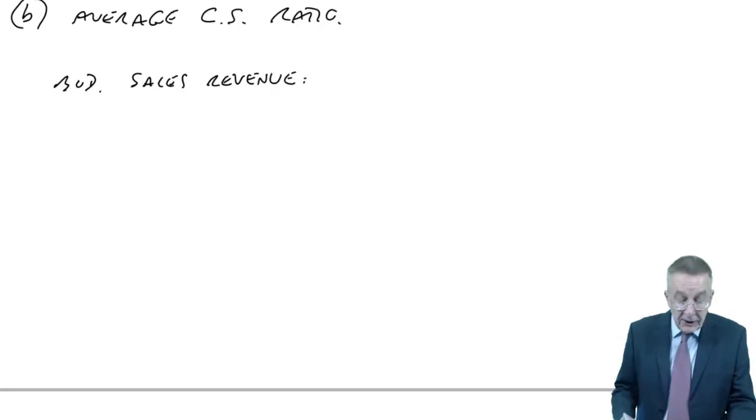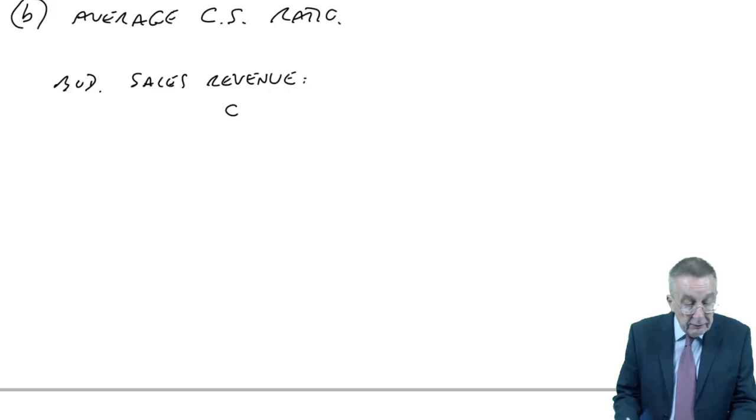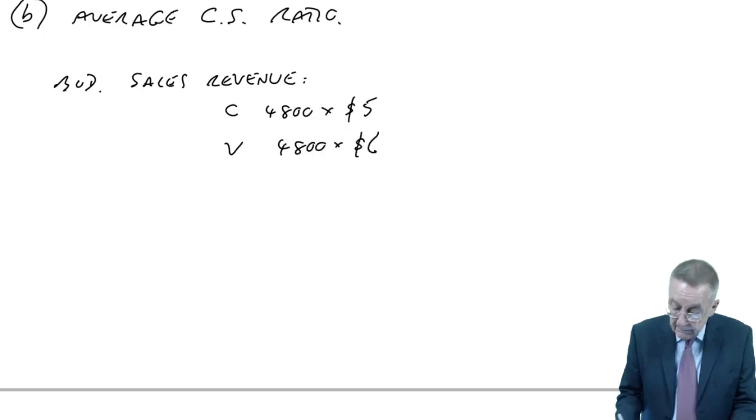So the budget sales revenue: in total from C, 4,800 units at $5. From V, 4,800 at $6. And from P, 12,000 at $7.